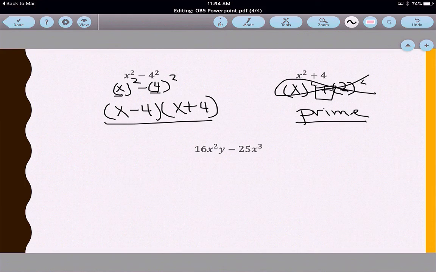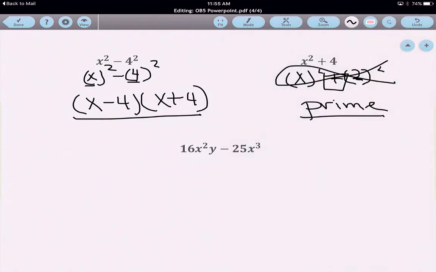They all won't look super simple, so let's try a harder example maybe down here. I'm going to change this problem. I'm going to make it so that it's 16xy squared minus 25x cubed, just because this maybe wasn't the best example. So what I can do is take this, and now the first thing I see, remember we always want to check for our GCF, is go ahead and pull out an x.